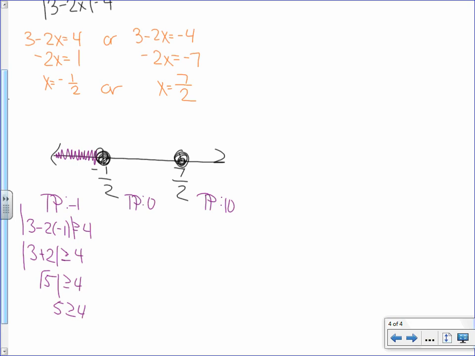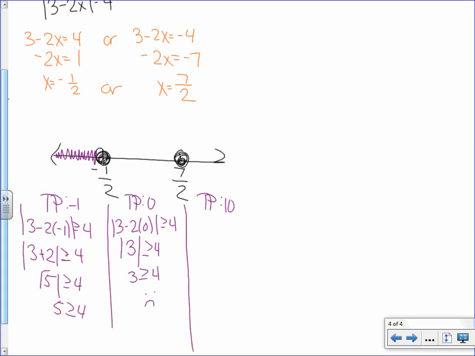Now let's test 0. That's going to give me 3 minus 0, so it's just 3. And the absolute value of 3 is 3, but 3 is not greater than or equal to 4, so I do not shade there. And then I'll test 10.